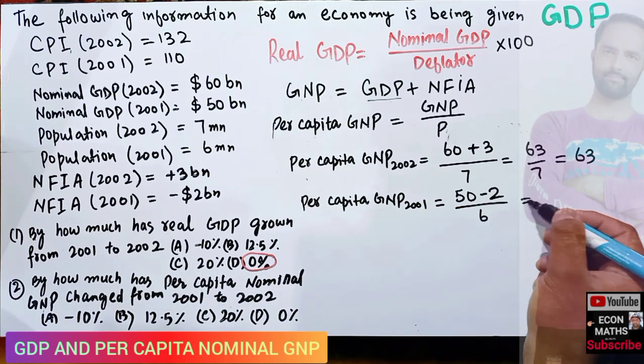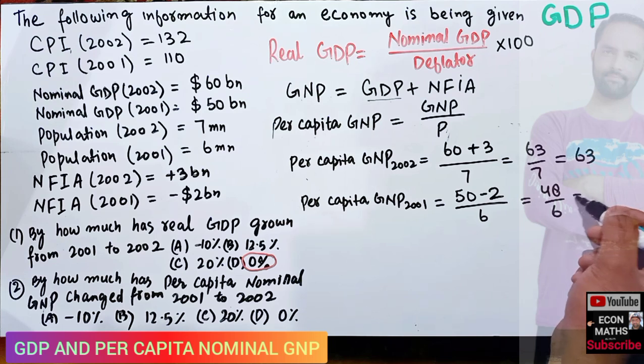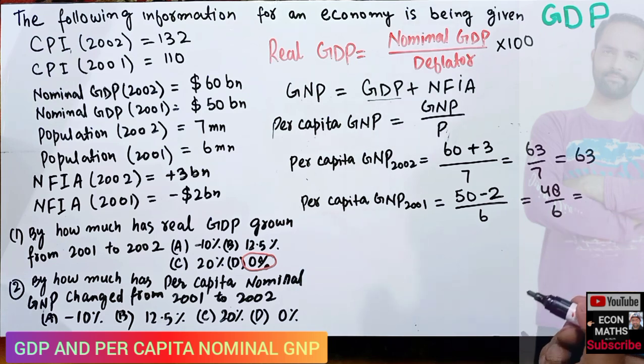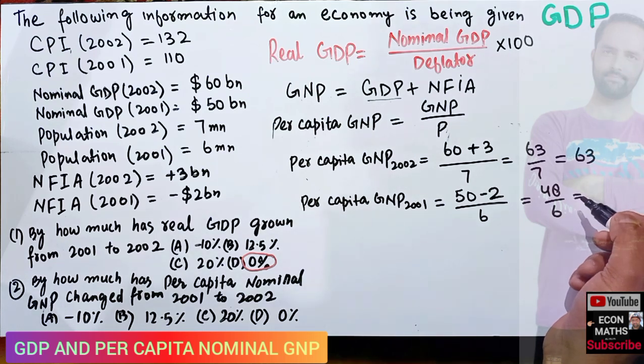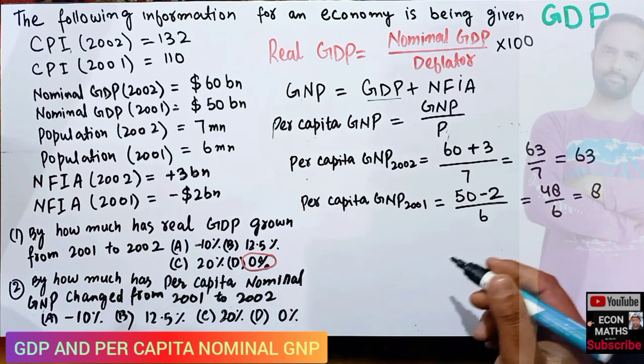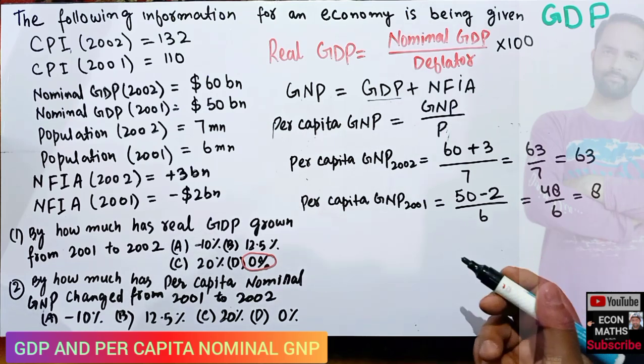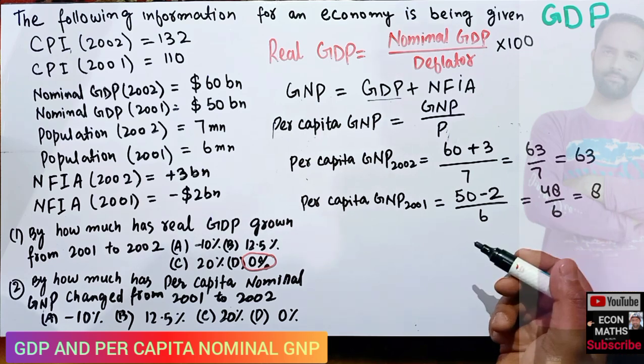So 50 minus 2 comes out to be 48, upon 6, which comes out to be 8. 6 eights are 48. I apologize if there is some mistake in calculating the values here.